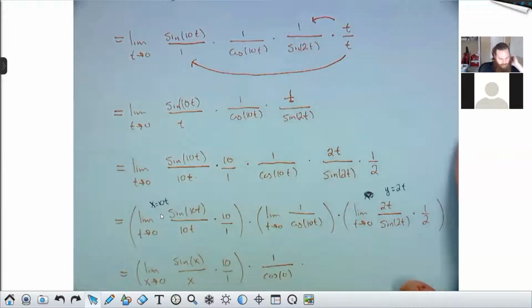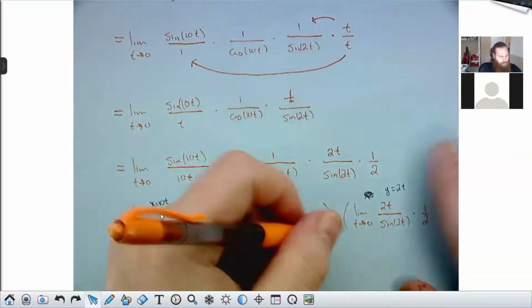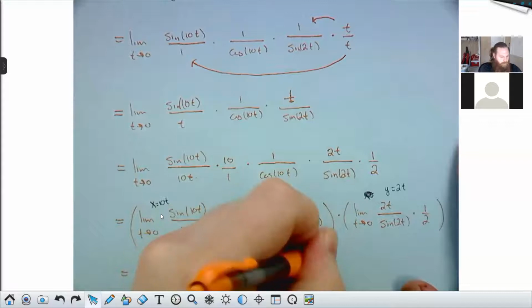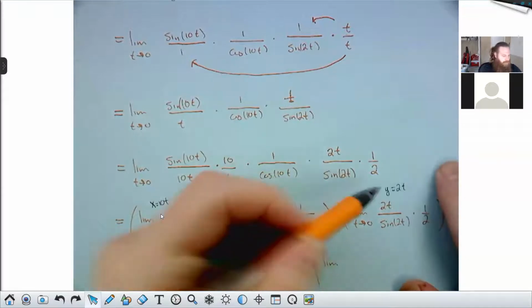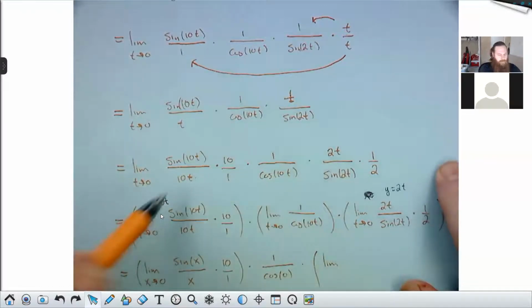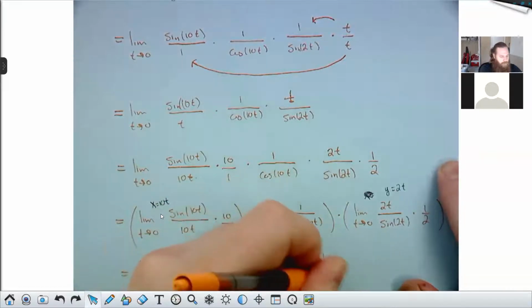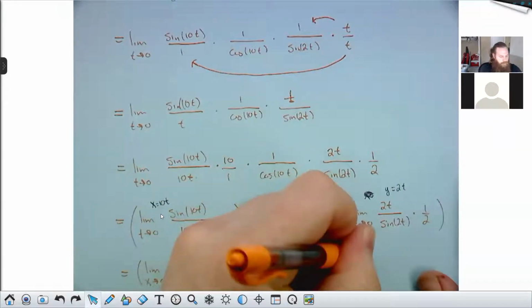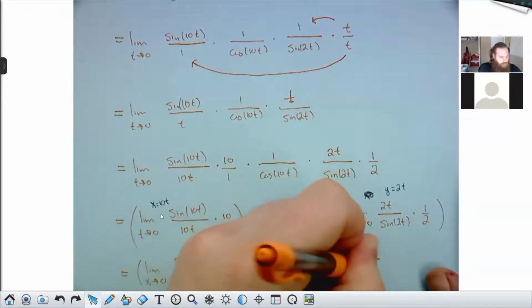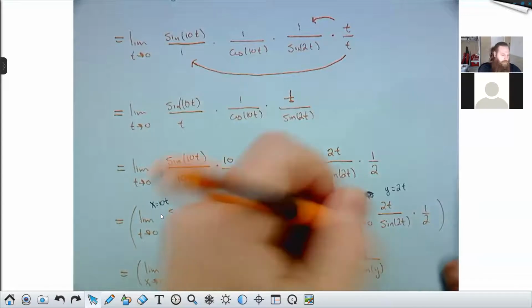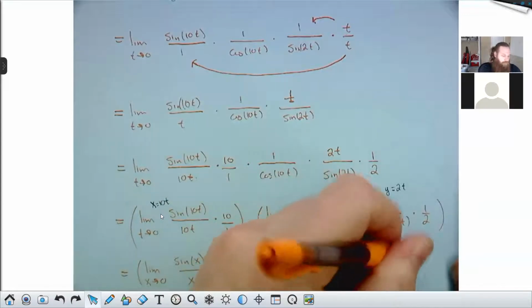He doesn't have any issues at 0. This piece, when I make that substitution, just like as t goes to 0, x goes to 0, if I plug in 0 for t, y is 2 times 0, that's also 0. So this is limit y to 0 of y over sine of y times 1/2.